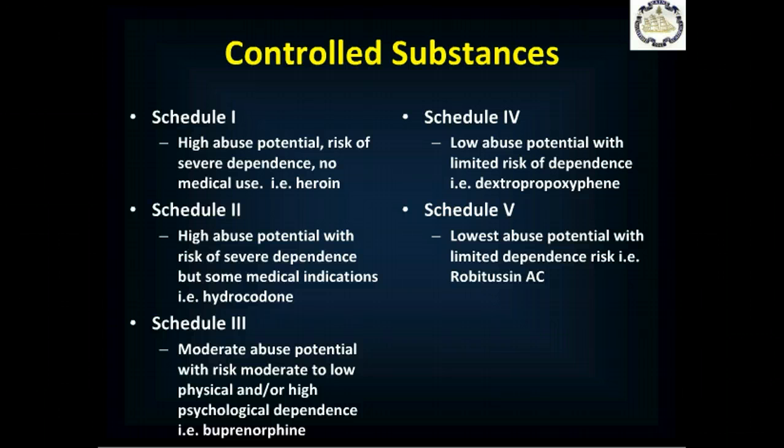So little less addiction potential than the Schedule 2, but still there. Schedule 4, there's a very low abuse risk, and some risk of dependence. There are some people who take things like dextropropoxyphene who become addicted. And then Schedule 5 is your lowest abuse potential, so Robitussin AC. There are people who abuse Robitussin AC, but the risk is fairly low.